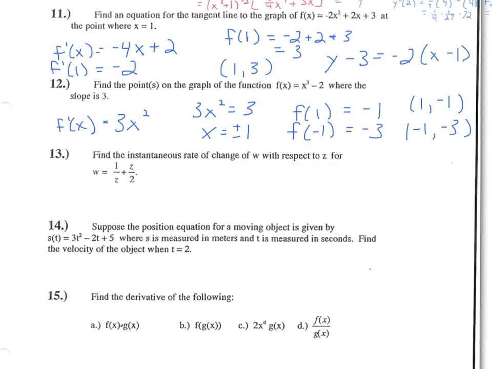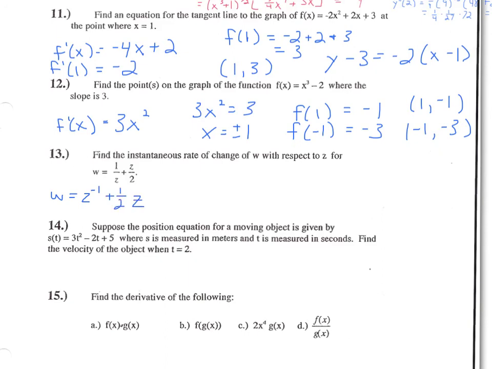For number 13, we want to find the instantaneous rate of change of w with respect to z. So when we see the words instantaneous rate of change, that is the same as the derivative. So all we want to do here is take the derivative of w with respect to z, which will just be w prime. So we're just taking the derivative like normal. So first I'm going to rewrite w as z to the negative 1 plus 1/2 z.